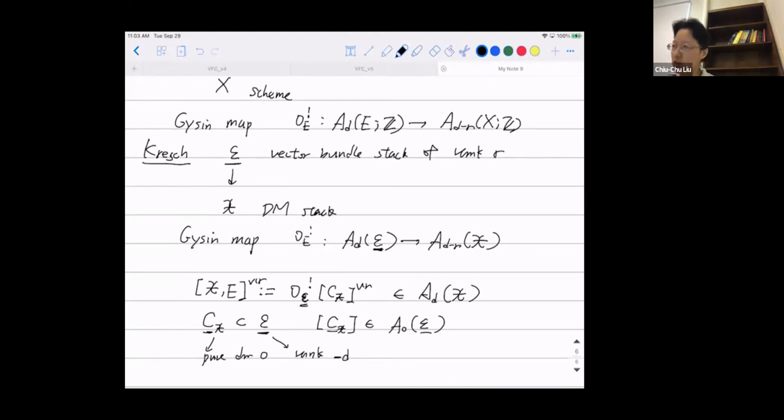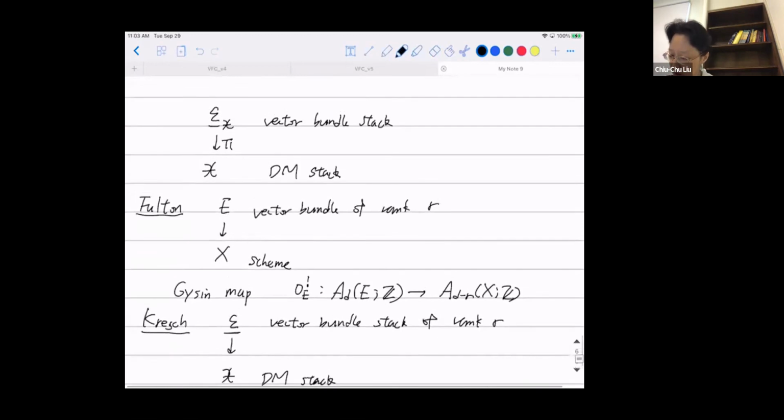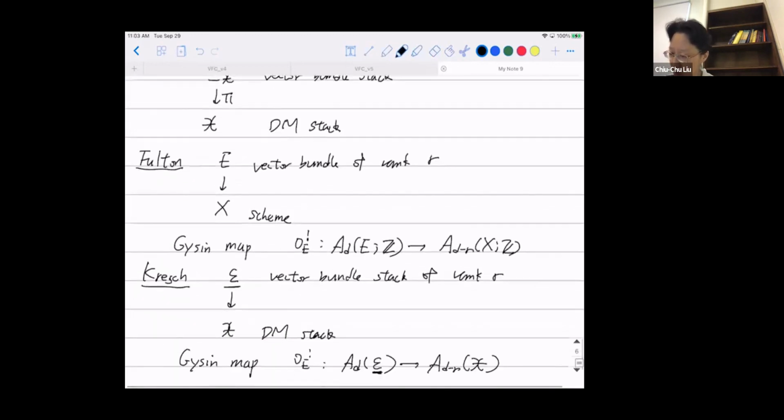Okay, so this is the construction, but again, we would like to understand this Gysin map for this vector bundle stack in terms of the classical Gysin map of a vector bundle over a scheme.